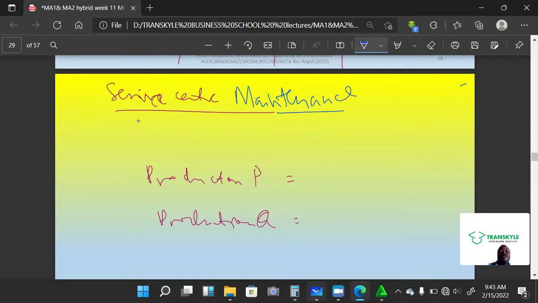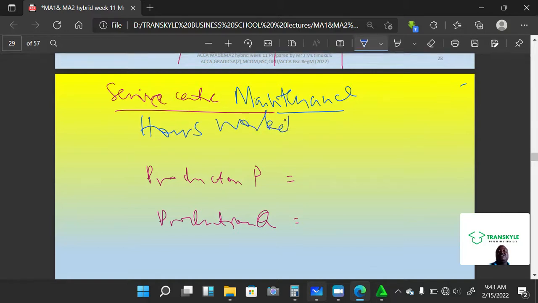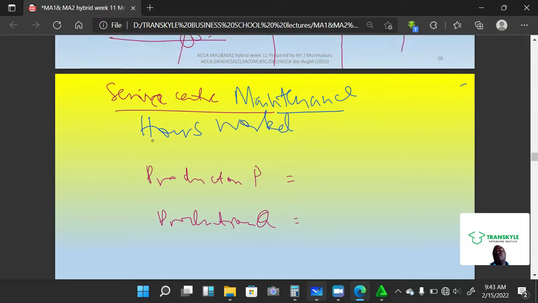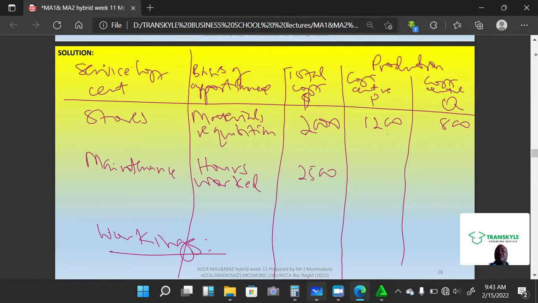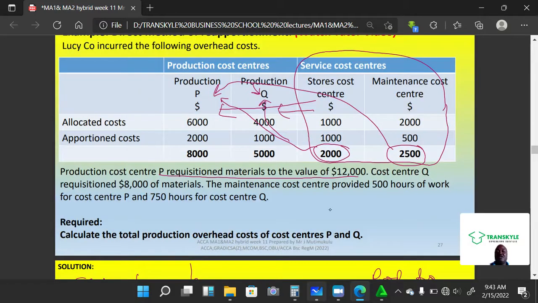So we say that hours worked, that's our basis, and total hours worked. We are told that maintenance used 500 hours of work for cost center P and 750 hours for cost center Q, so 500 and 750.